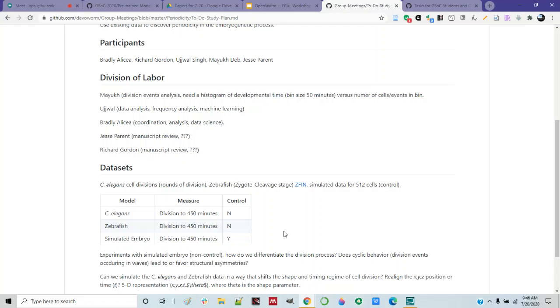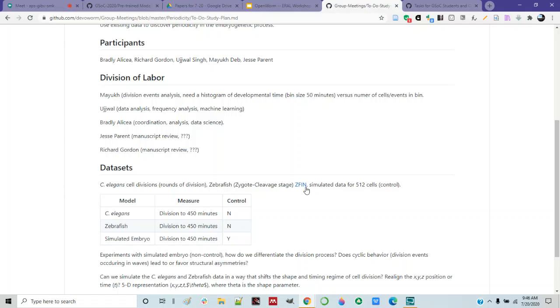It's a program where you take the idea of cells dividing and do it according to different distributions, and you generate these simulated data. I call that the simulated embryo, and we use that as a control to compare to C. elegans and zebrafish. We have the zebrafish data up to 450 minutes as well, and that's a different data set we can go over.